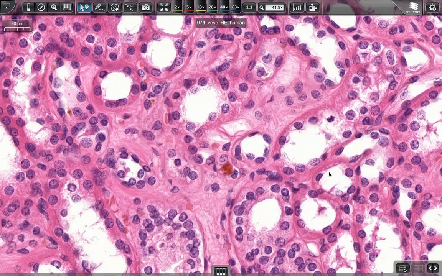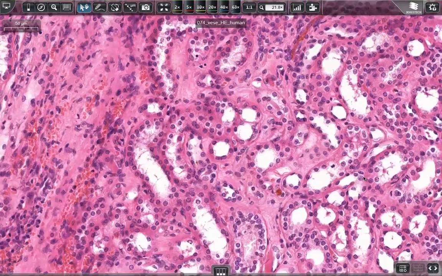Definitely related to the loop of Henle, we can distinguish thin and thick segments, but identifying these is also not part of the exam, though it's an easy job, because this is a thin segment, while this and that may be part of the thick segments, just depending on the exact thickness of the cytoplasm.